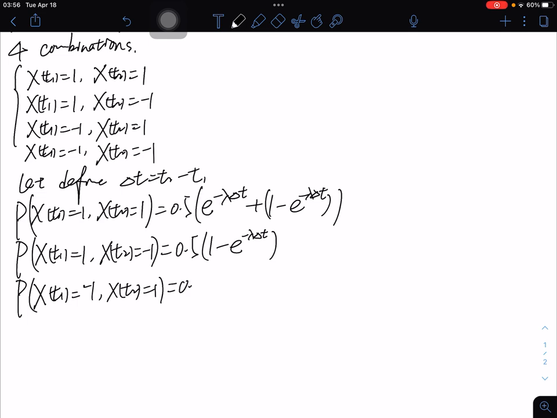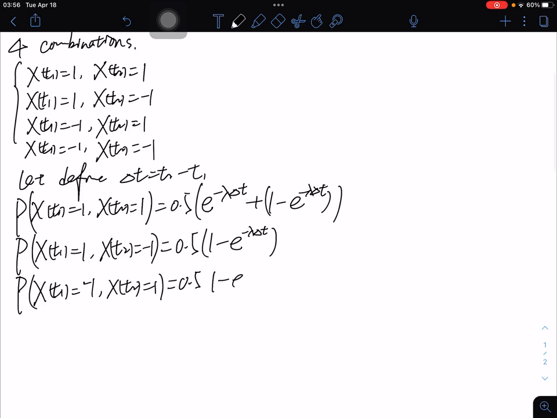It's the same as the following: 1 minus e to the minus lambda delta t.